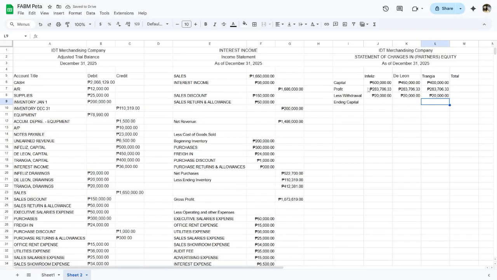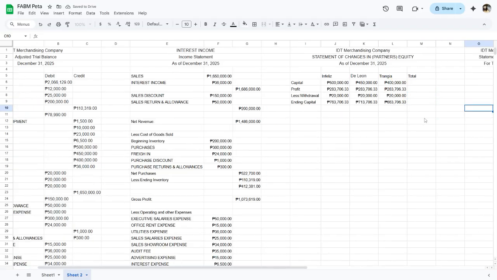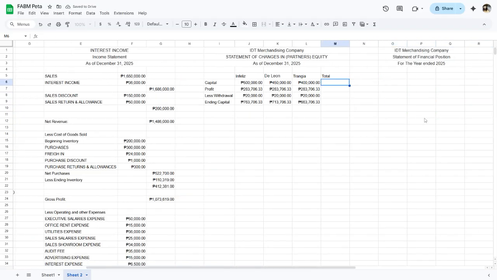After that, just add the capital and profit, then less the withdrawal. Same goes here. And let's total this. Just simply add all these three.